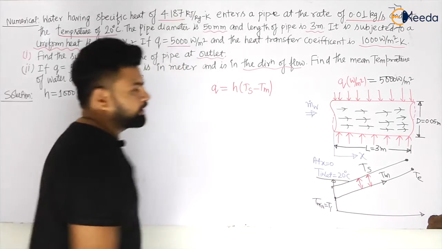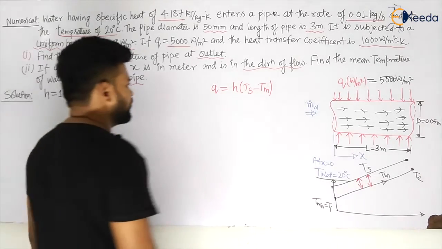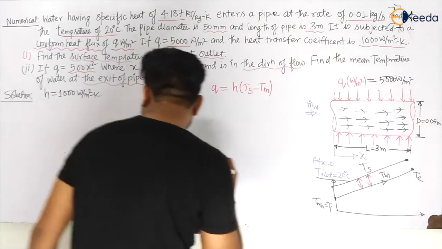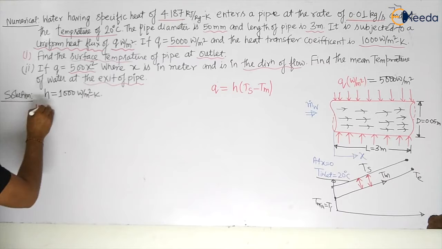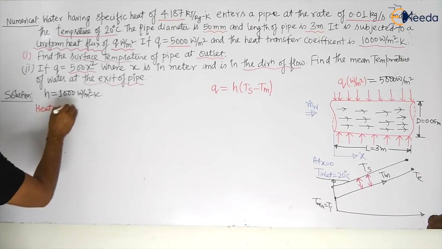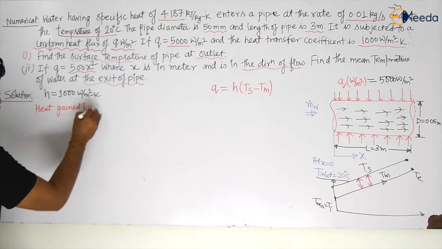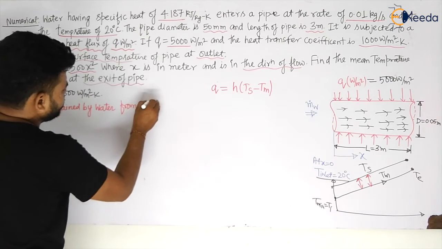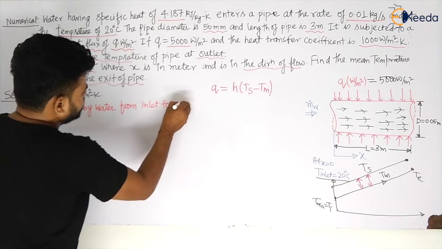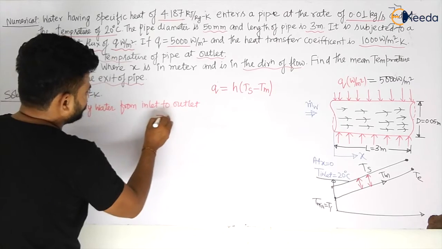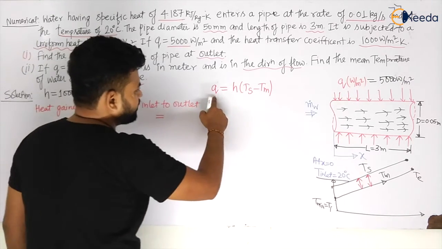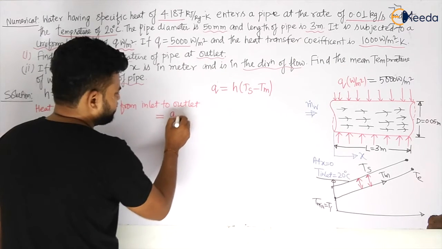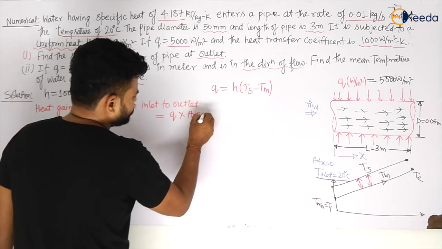Also, the heat gained by the fluid from inlet to exit will be equal to the total heat given by the heat flux, that is, heat flux per unit area multiplied by the total area.